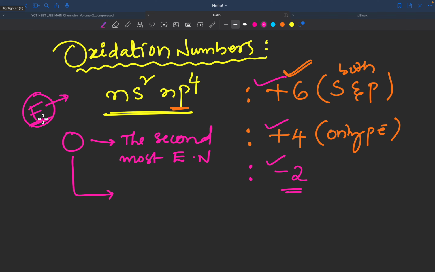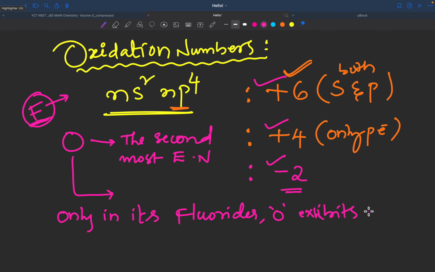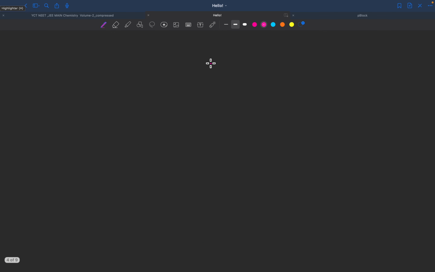Otherwise it always exhibits minus 2 oxidation number only. I'll write the statement here: only in its fluorides, oxygen exhibits plus oxidation number, plus 2 or plus 1. This we should remember.